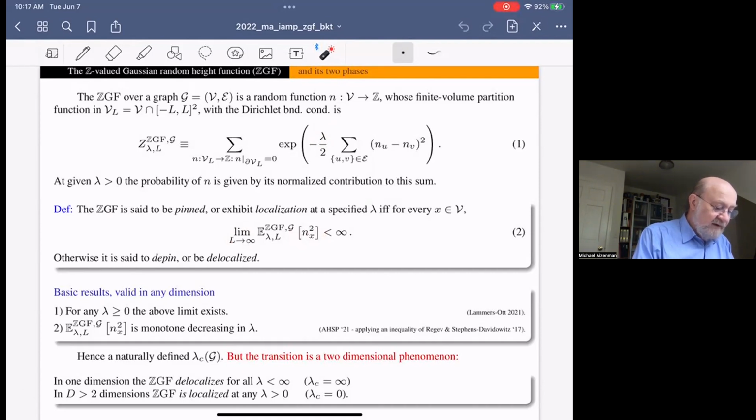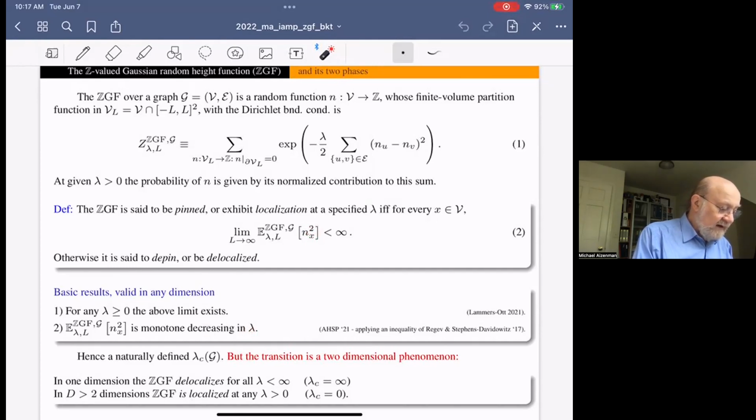The existence is very nicely captured by an argument presented recently by Lammers and Ott, who prove an FKG type property for the absolute value of the field. That can be used to prove existence of the infinite volume limit in the sense which I described. And then again, not very surprisingly, the expected value of n squared, the variance, is monotone decreasing in lambda.